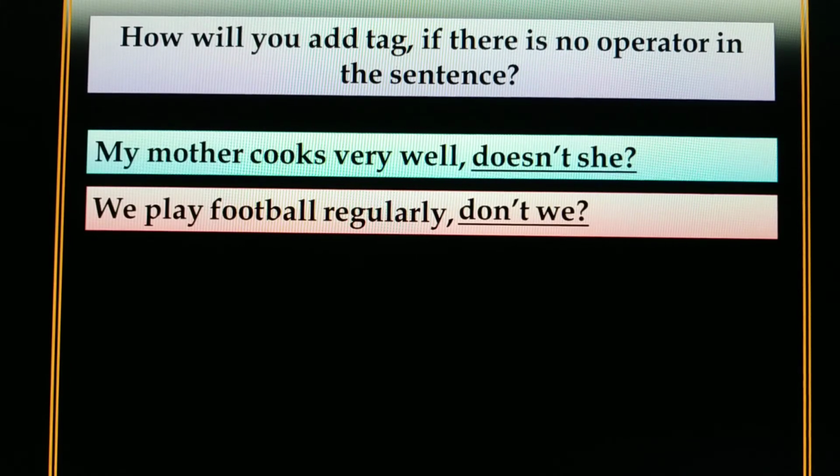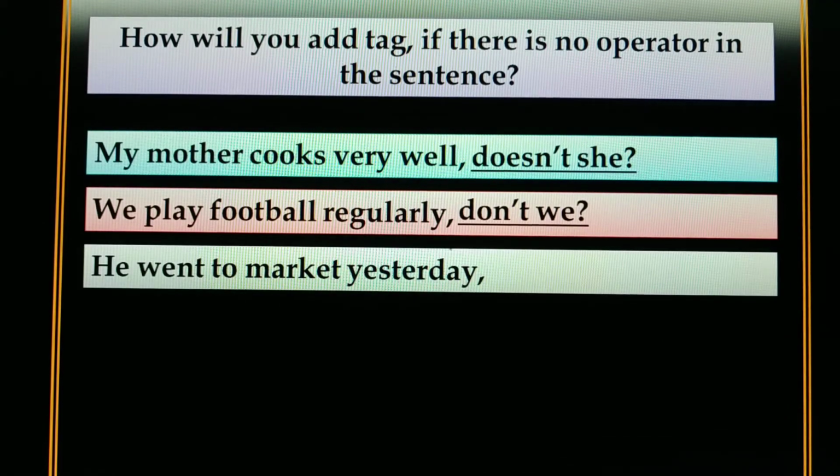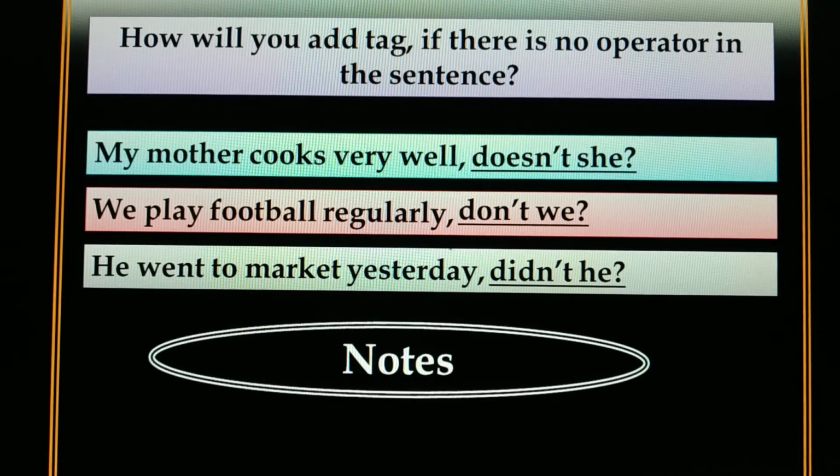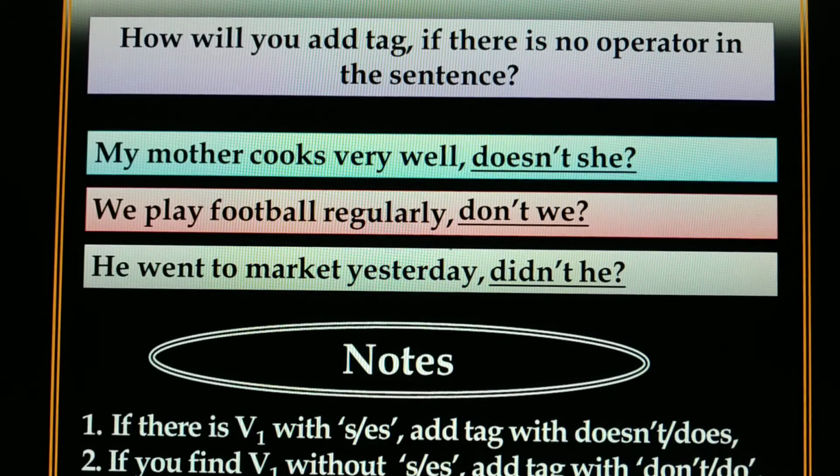These statements have subjects but no operator, that means no auxiliary verb. If there is no auxiliary verb in the sentence, we have to use do, does, did. You already know the rules from the right form of verbs. He went to market yesterday, didn't he? These are the common rules of adding a tag question.